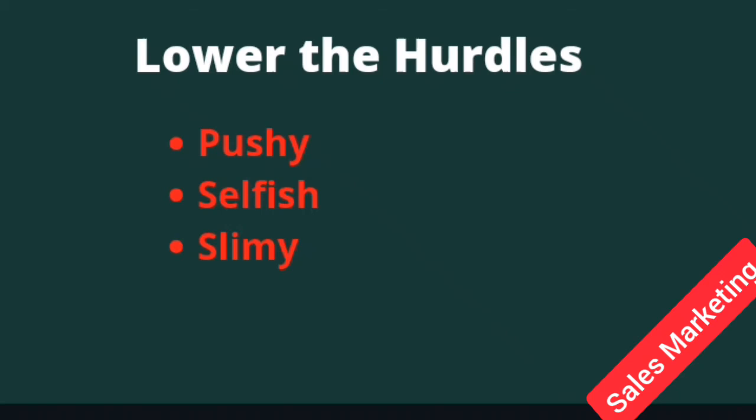And then we have the slimy salesperson. These ones will do anything to make a sale. Sometimes they can lie just to make a sale. Sometimes they can overpromise, and at the end of the day, they'll end up not beating the deadline for the project.